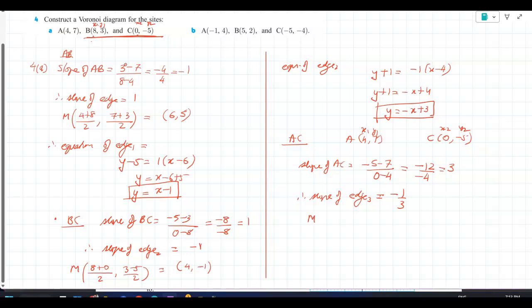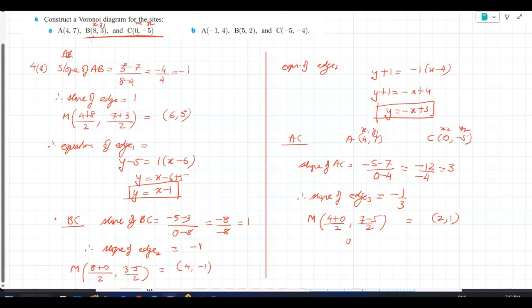What's the midpoint? What's the midpoint formula? 4 plus 0 upon 2, and 7 minus 5 over 2. Correct? So that is 2 comma 1.